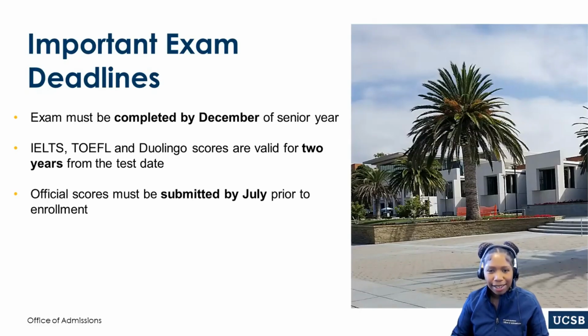If you are admitted and accept your offer, you will need to submit those official exam results by July before the fall term begins. If your exam has expired and you cannot provide official results, your admission could be at risk. That is why planning ahead and making sure your scores remain valid is so important.